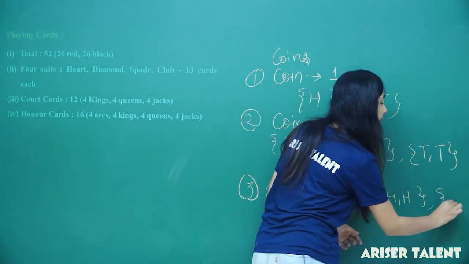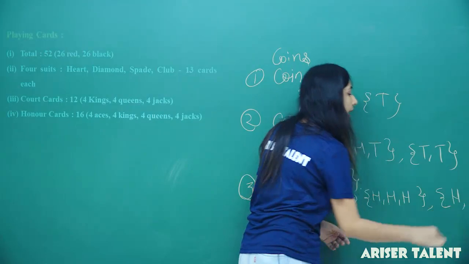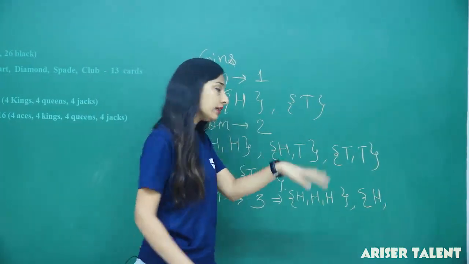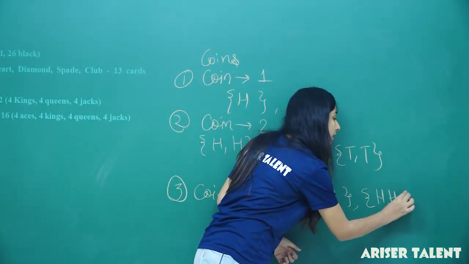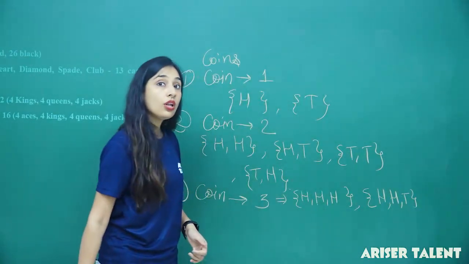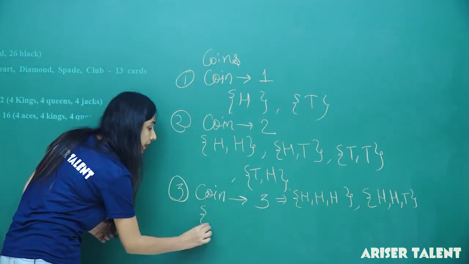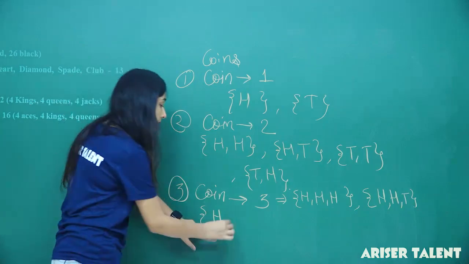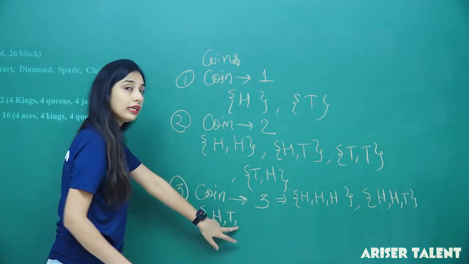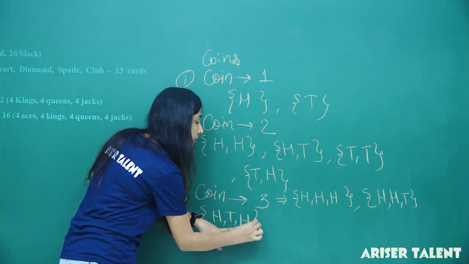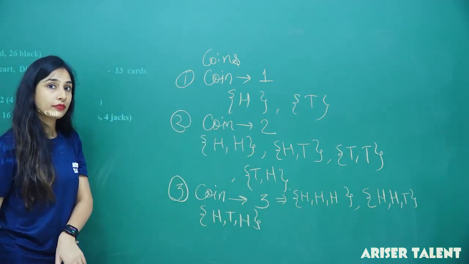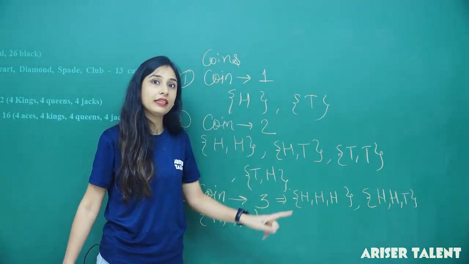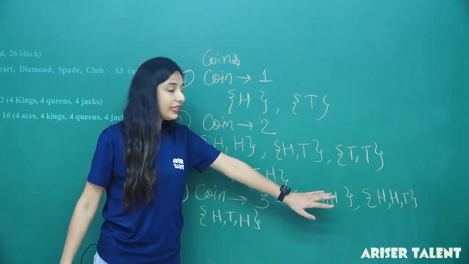Now the second one, the first one is head. On the first coin I tossed, I get a head. The second, I again got the head, and in the third, I got a tail. Now, in the third scenario, the first coin tossed head, second coin tossed tail, third coin tossed again head.